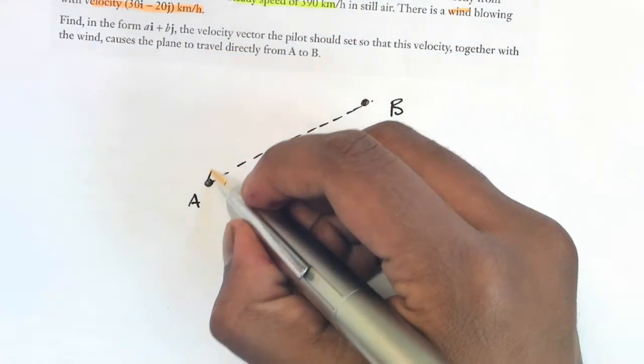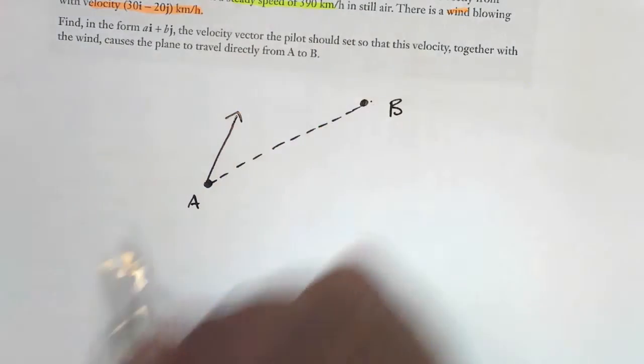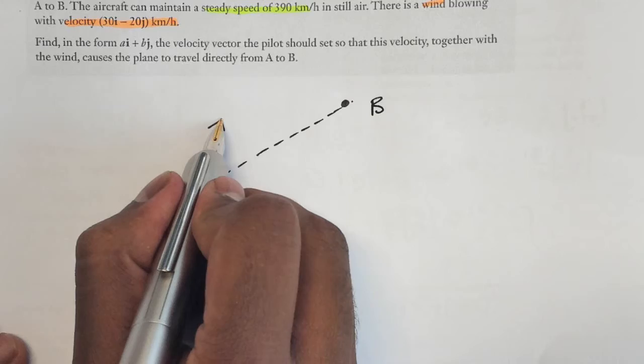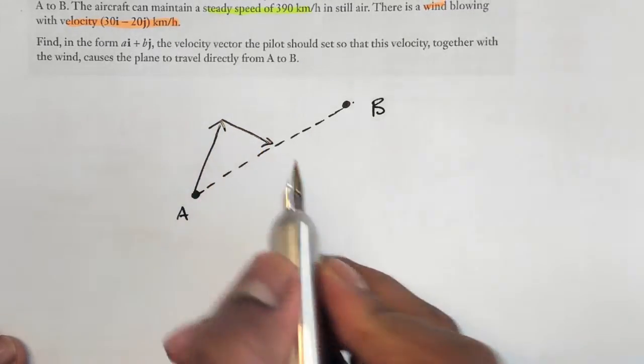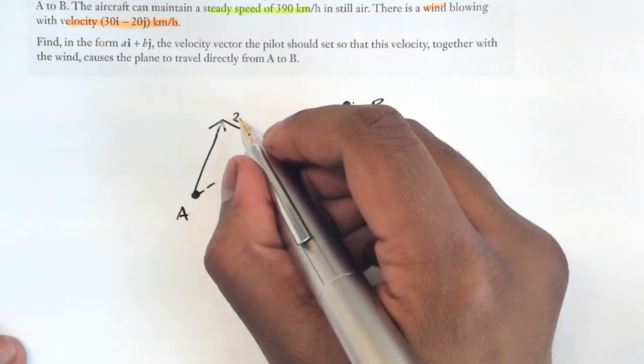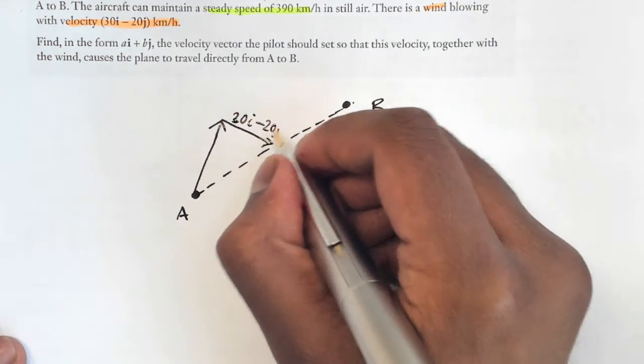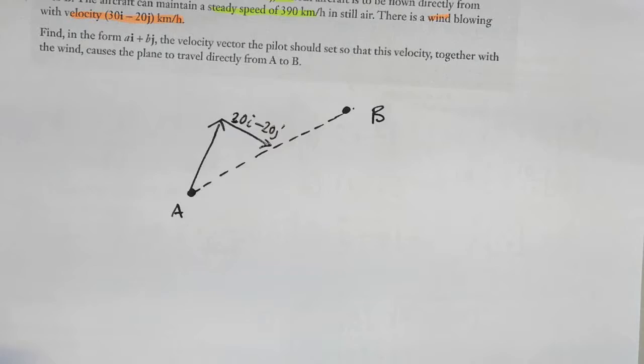So I'm going to have to fly some sort of point this way, so that when the wind pushes me down, and we know the wind is 30i minus 20j, we're going to end up on the path of A to B. Okay?